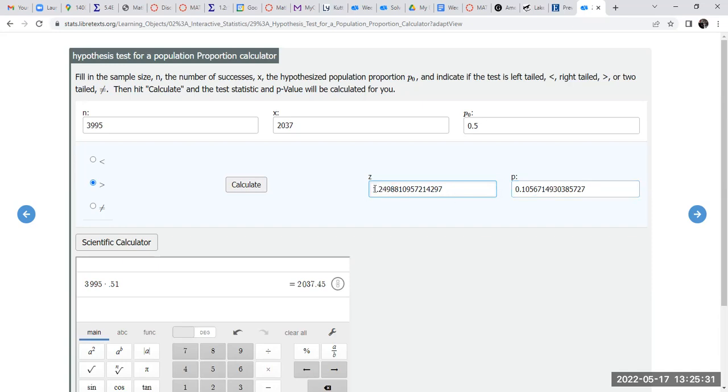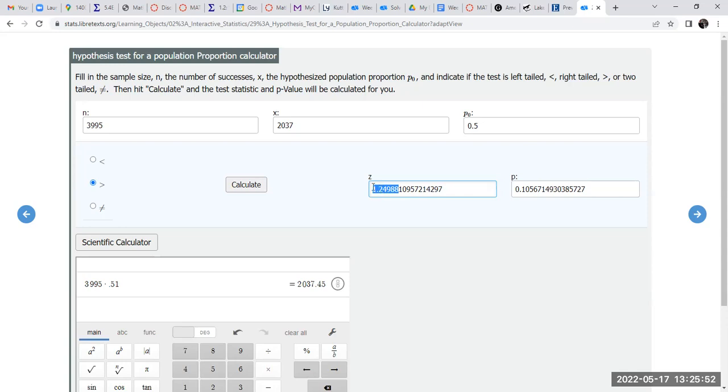So this is a z-score. And the z-score is about 1.2, which isn't that unusual, right? It's not that high. Does that mean that the furthest data point out is 1.249 standard deviations away from the mean?